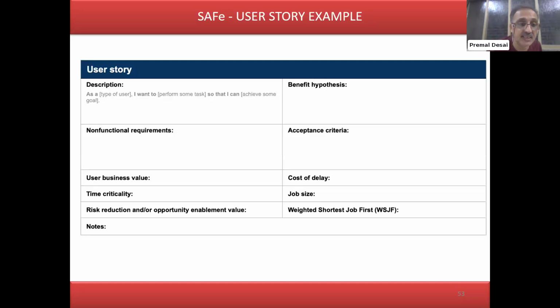So the two additions to the normal user story, from a SAFe standpoint, are user business value and cost of delay.